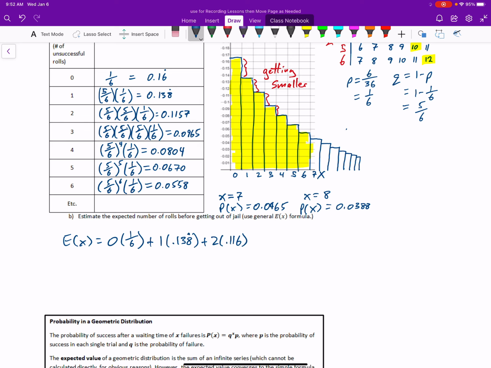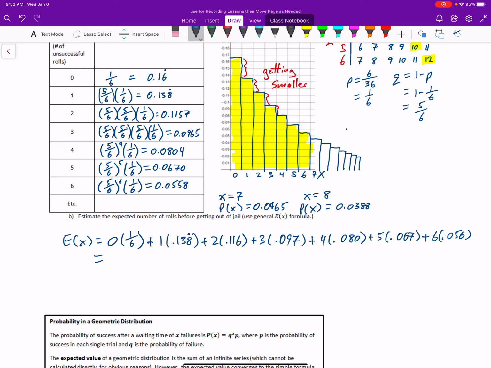I'm going to round to 3 decimal places at this point, just to keep it smaller. Plus 3 times 0.097, plus 4 times 0.080, plus 5 times 0.067, and I'm just going to stop at the original 6 I did, plus 6 times 0.056. Okay, I am going to have to type all this in my calculator.